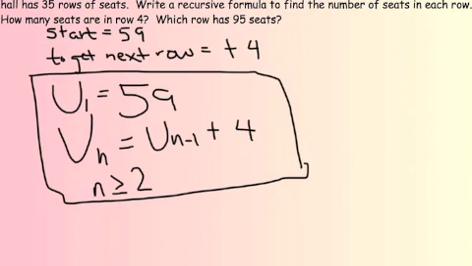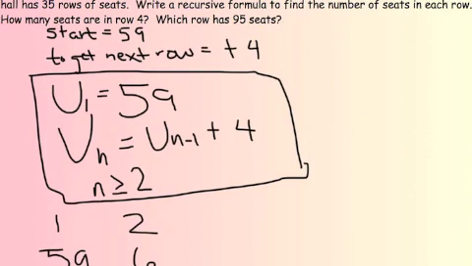So, all right, that's the recursive formula. It has two things. It has the starting value, and it has what we do next, how to get the next number, and that is we add 4 to it. All right? So now let's answer the next set of questions. How many seats are in row 4? Well, in row 1, we have 59.